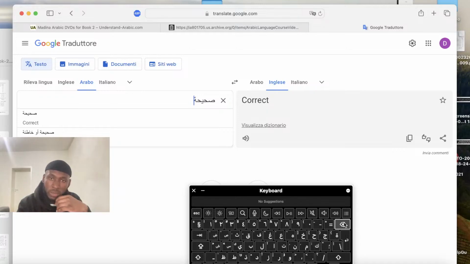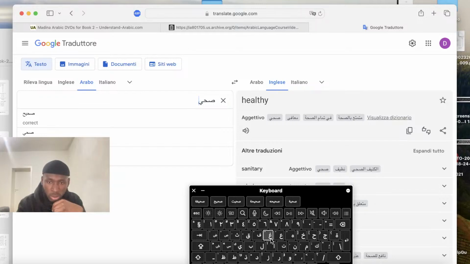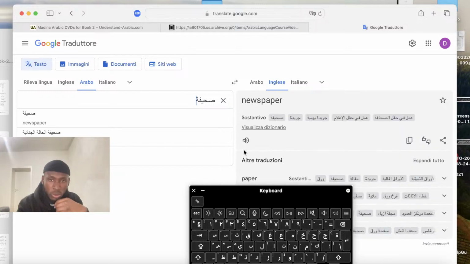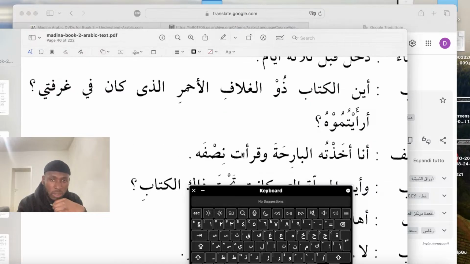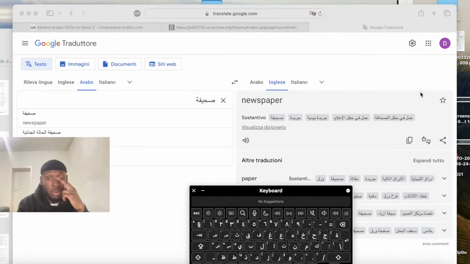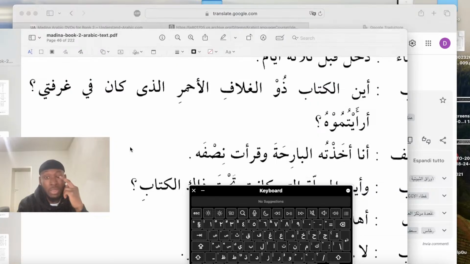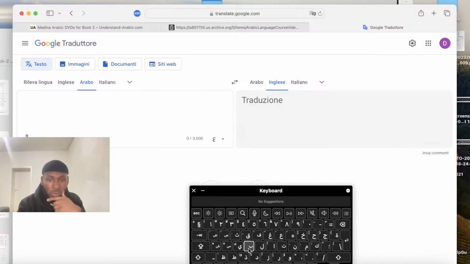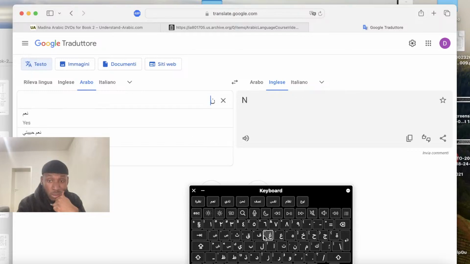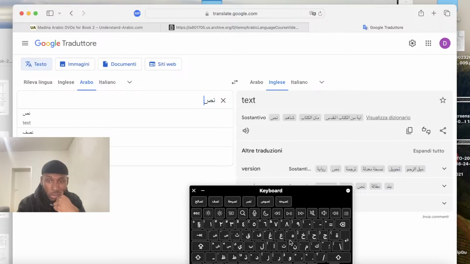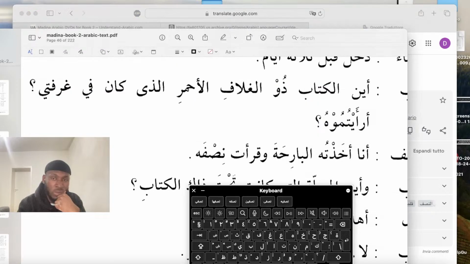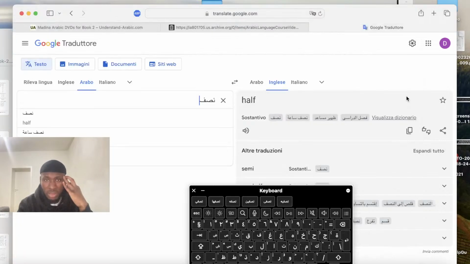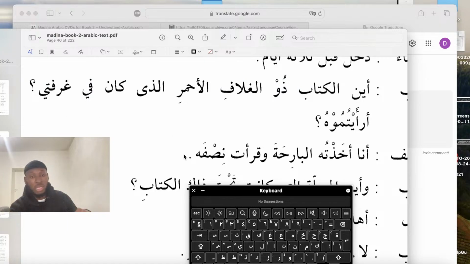Sahifatun means newspaper. And this is nisfa. I read half of it. Nisfa means half.